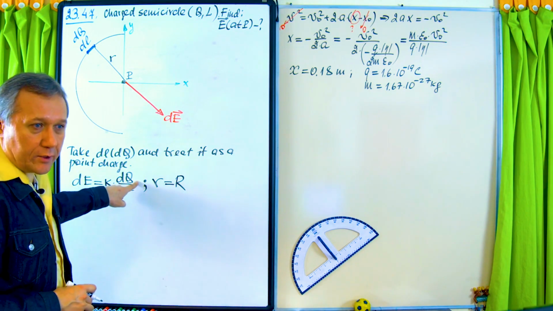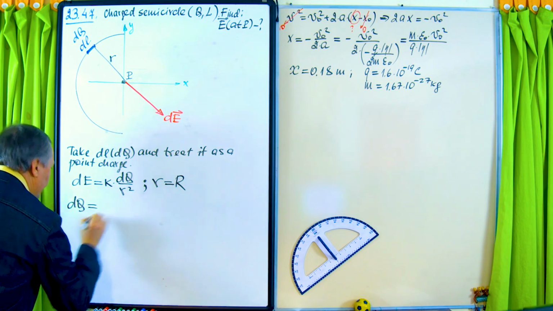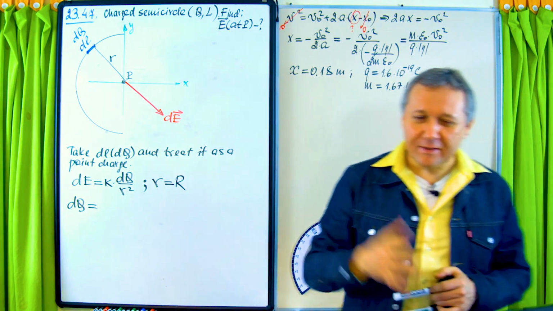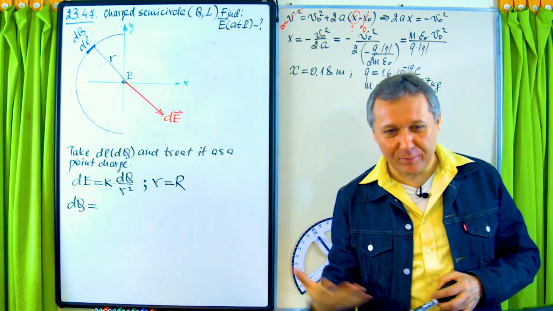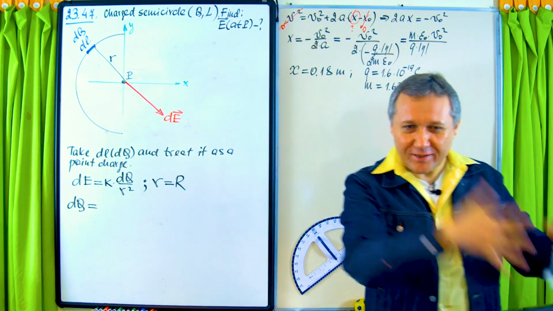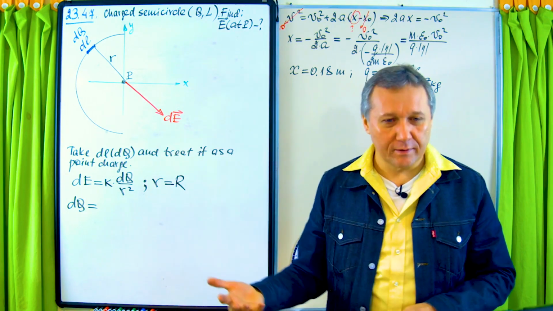Now we just need to write dq in terms of what is given. And now we need to recall again that slide in the lecture before I started discussing the integration example. You remember those linear charge density, surface charge density, volume charge density. Again, we need to recall that.